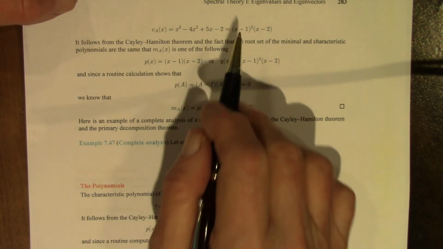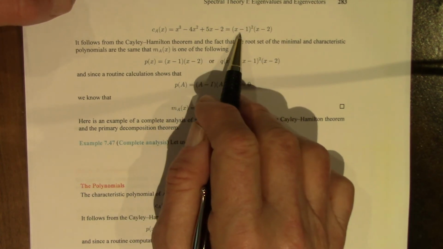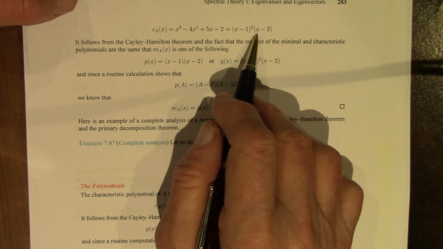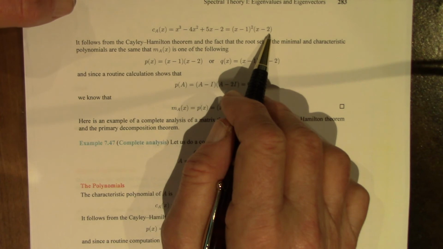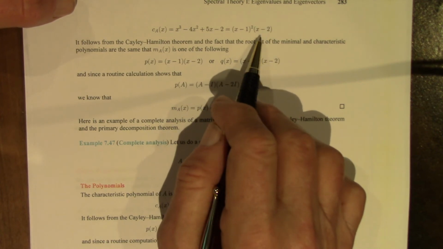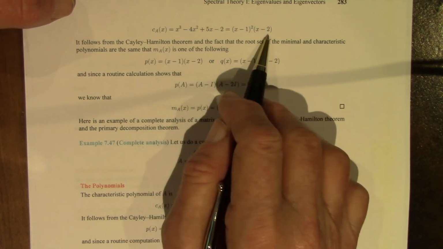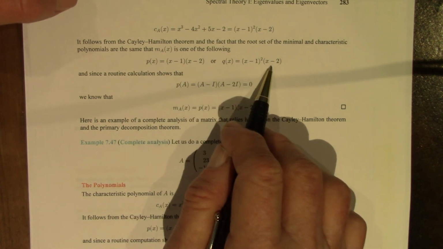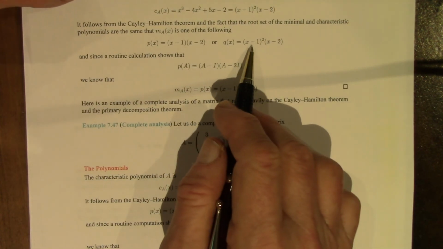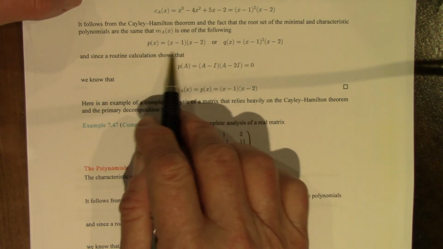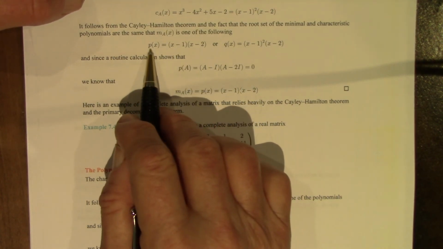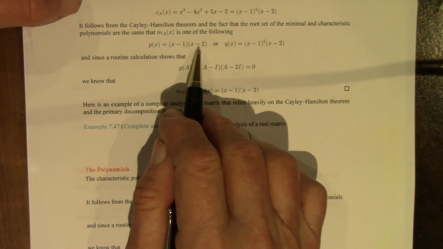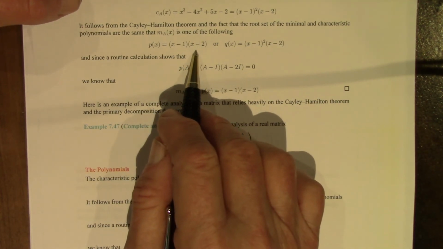It has to have the same roots, so it has to have at least x minus 1 to the first power, but since it divides this polynomial, these are the only two choices. And routine calculation shows us that P of A is in fact 0. And so that is the minimal polynomial.